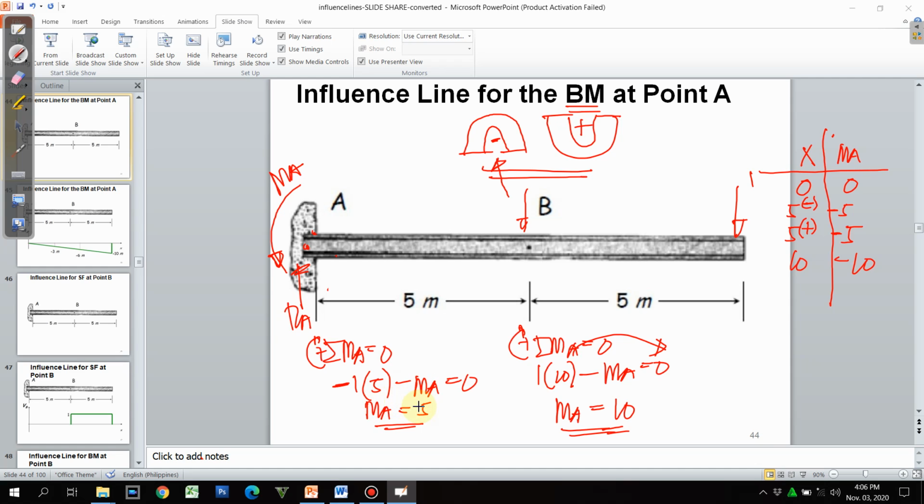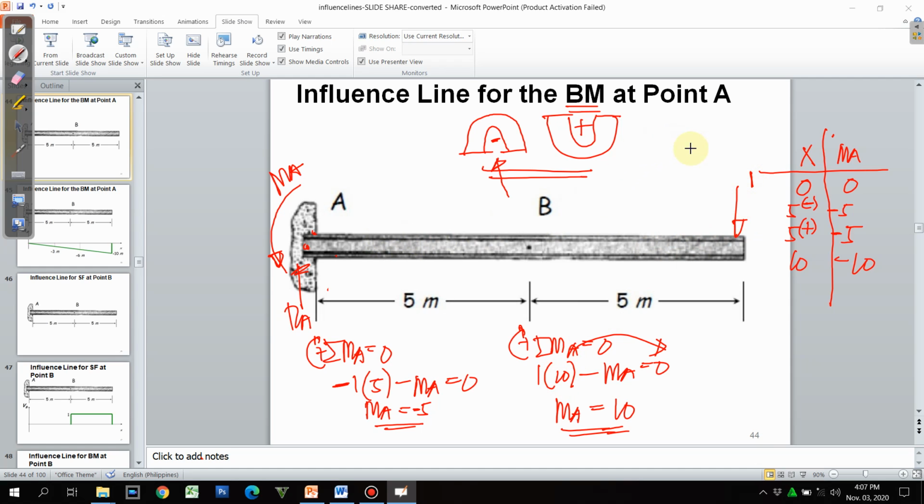So therefore, this is negative 5, and then placing your unit load here, that is 1 times 10.